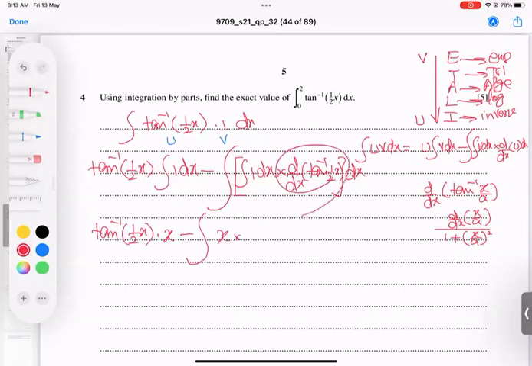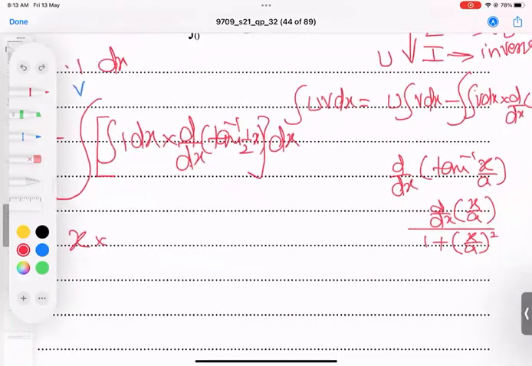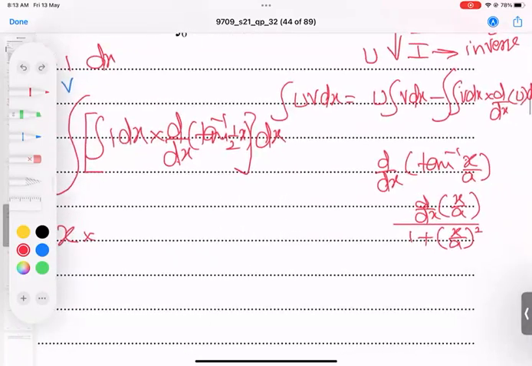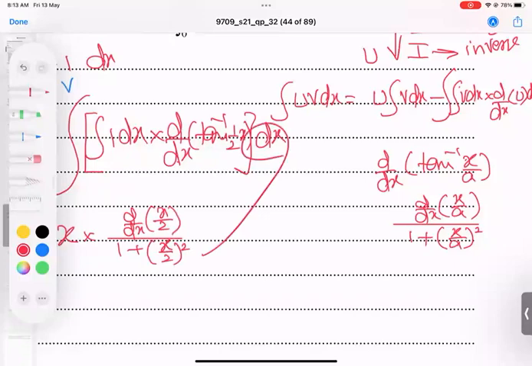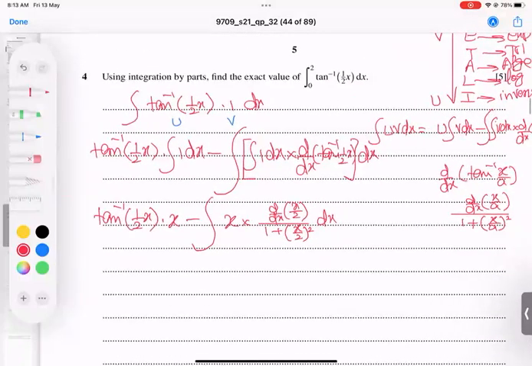And what is the derivative of this? We must use this property now. So get ready. According to the situation, what is the derivative? In the denominator, 1 plus angle squared. In the numerator, the derivative of the angle. Okay, and this dx must be written. So I hope up till here is clear.